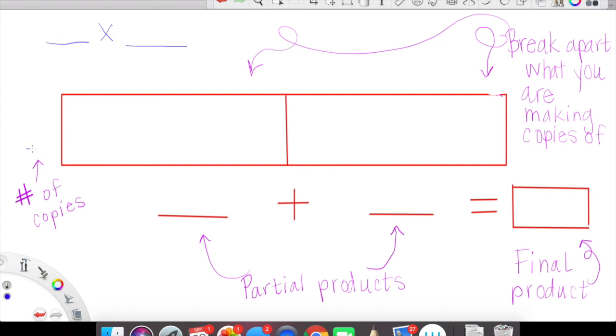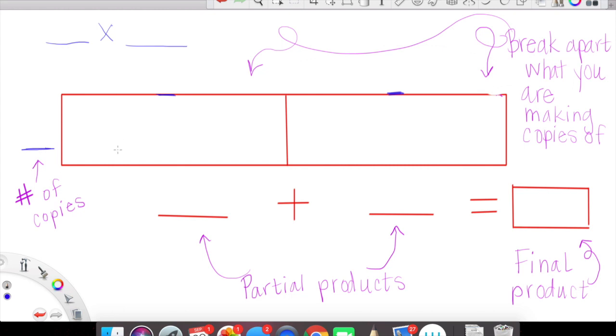Right here, we are going to write the number of copies that we are seeking to find from our expression. Here and here, I'll draw a blue line, we are going to label each of those rectangles with a piece of the number that we are going to break apart.